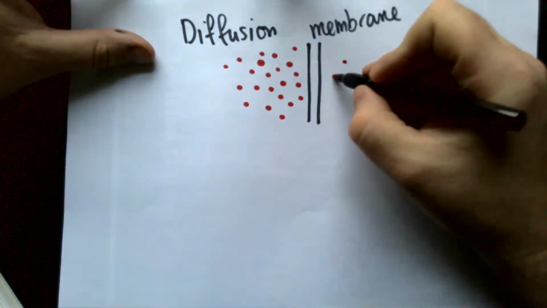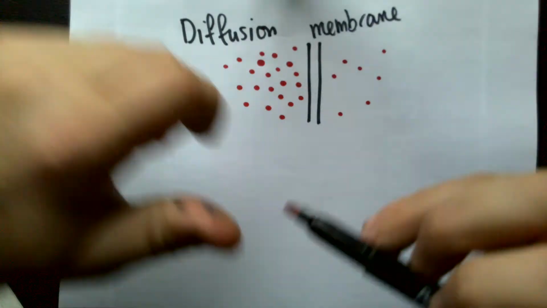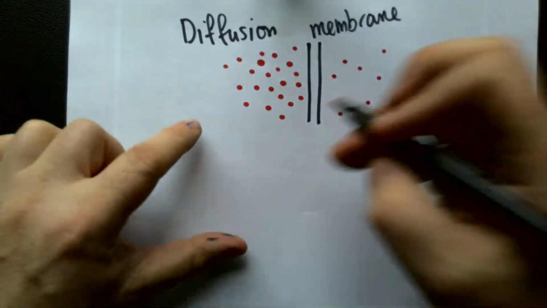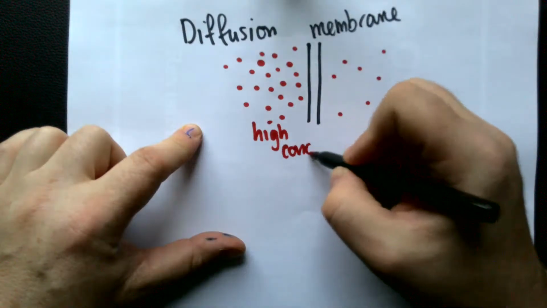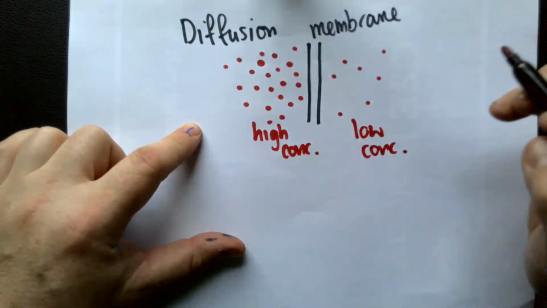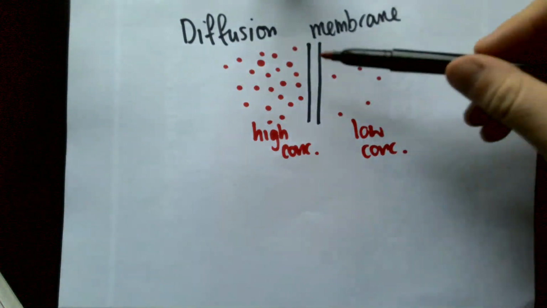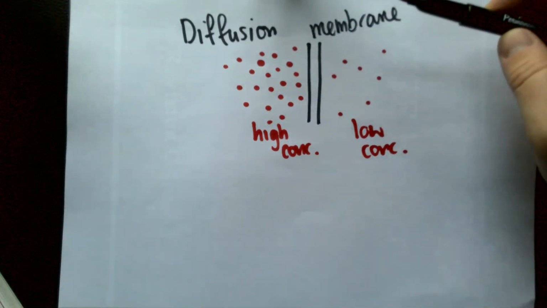Over here, we've got not as many. And so we could say, in terms of concentration, this is high concentration. This would be low concentration. And what happens is these molecules move across both ways. That's important. They go both ways.